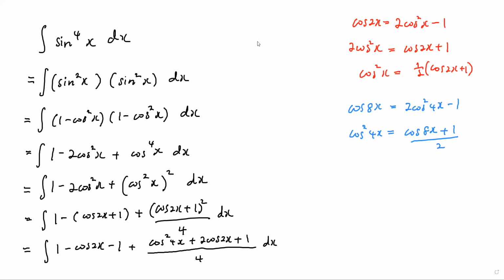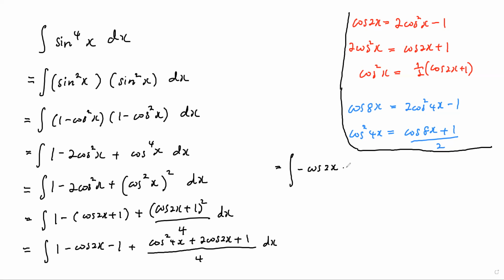Let me just continue my working here. I'm just going to box this out so we do not get mixed up with the actual working. Now 1 minus 1 is no more, so this is just negative cosine 2x.